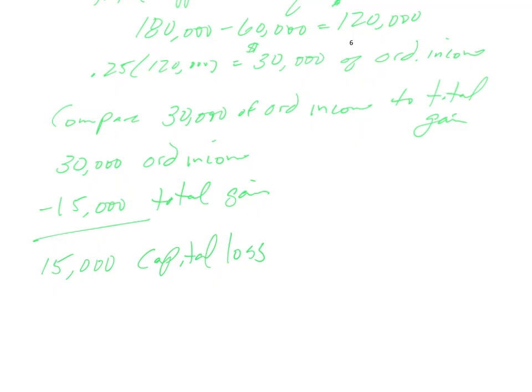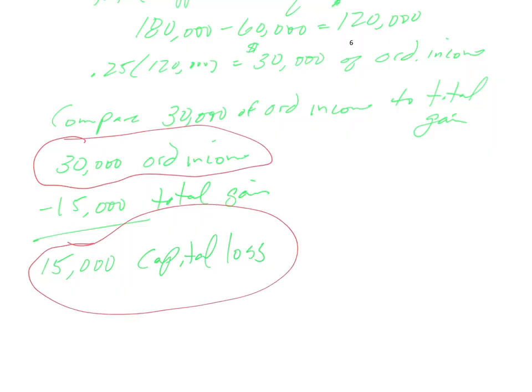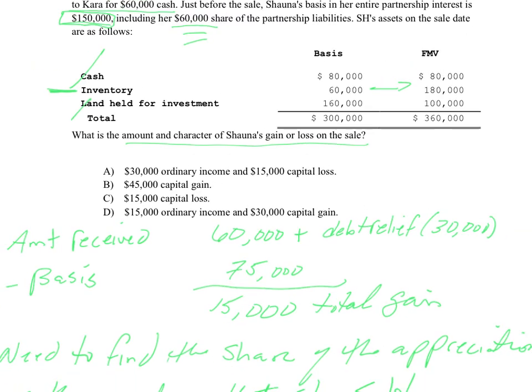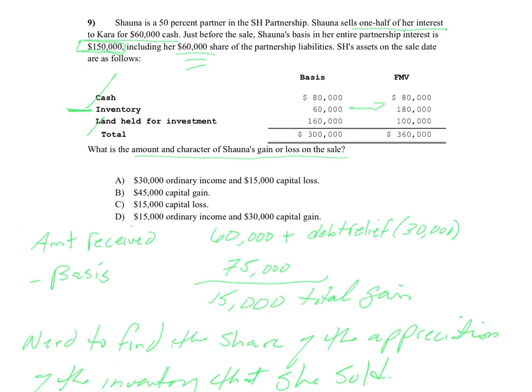So what does she have then as a result of the sale of her half of her partnership interest? She has $30,000 of ordinary income and $15,000 of capital loss. Okay? And so if we go back up here and look at our options, we see that option A is $30,000 of ordinary income and $15,000 of capital loss. All right? And those are our Chapter 10 multiple choice problems. Thanks, guys.